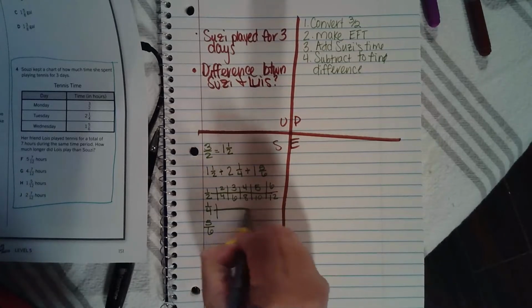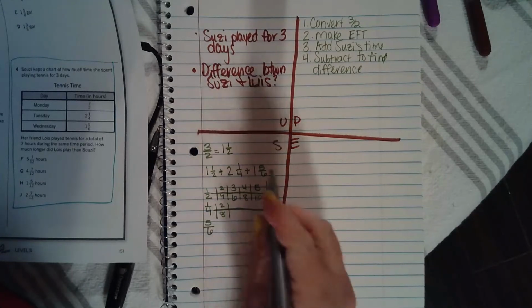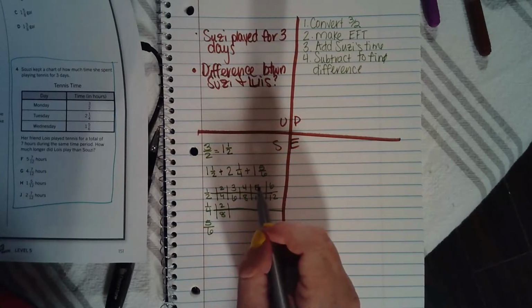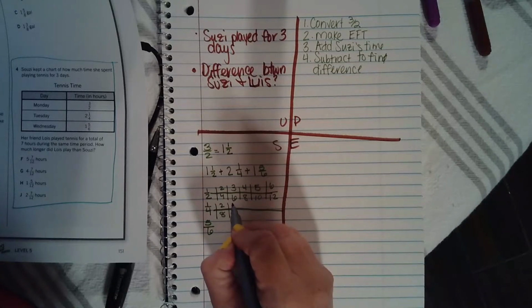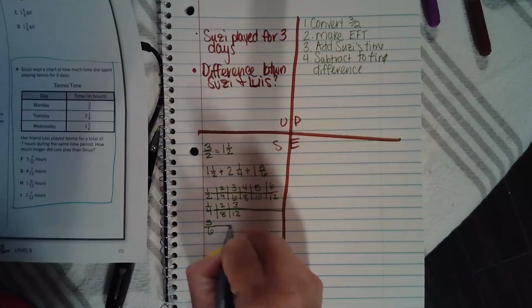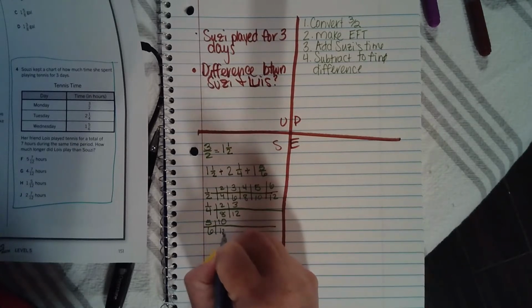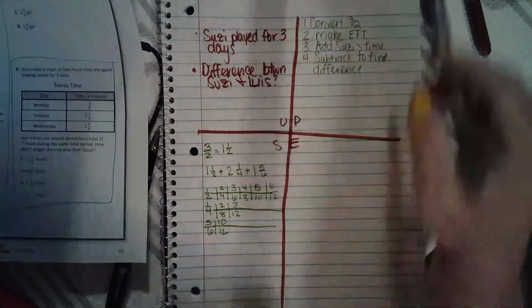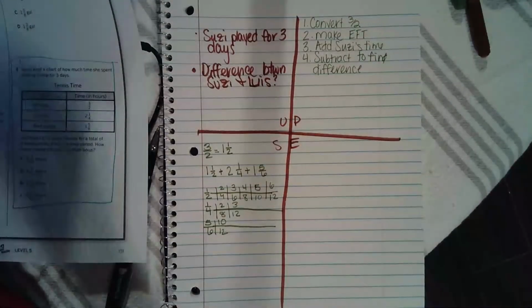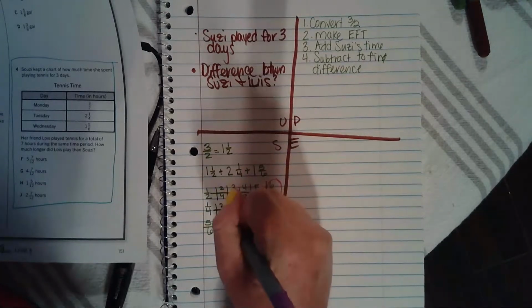So now for 1/4, 1/4, 2/8, 3/12. Then for 5/6, 10/12. So there I can see that I have my common denominator for all of these.